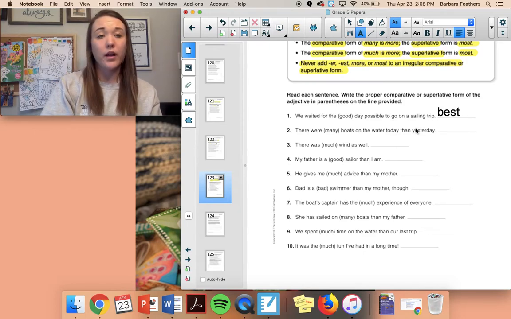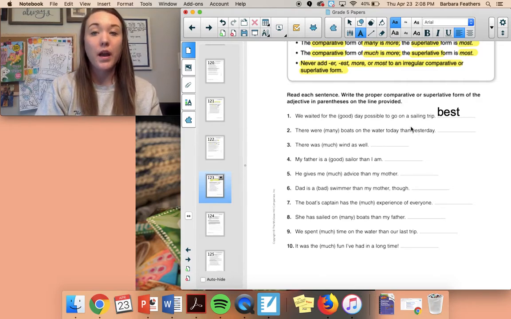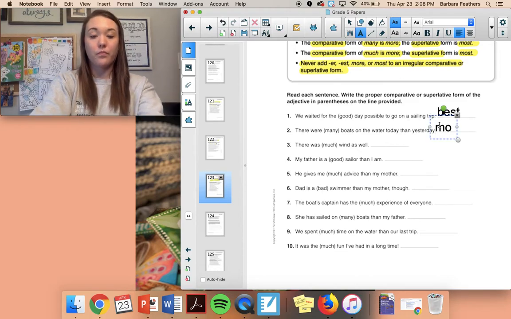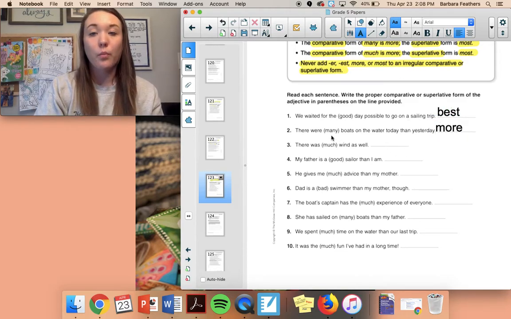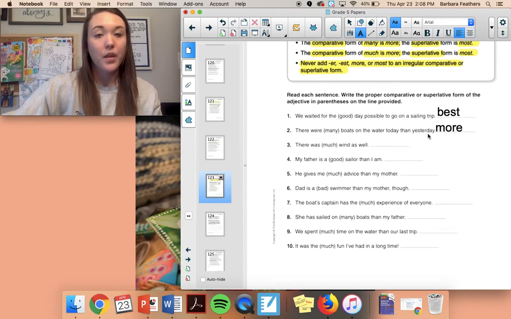I am comparing today to yesterday. That's 2 days. I need the comparative form of many, which if I use my box up here, I know is more. There were more boats on the water today than yesterday. Again, you'll complete this page with the same directions for 3 through 10.